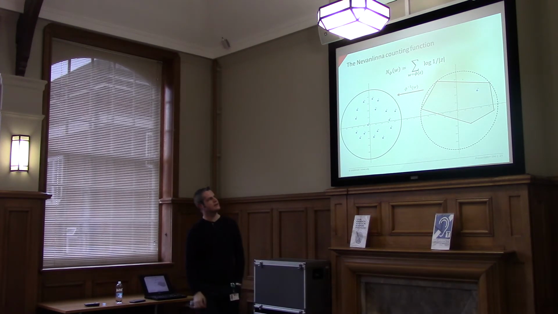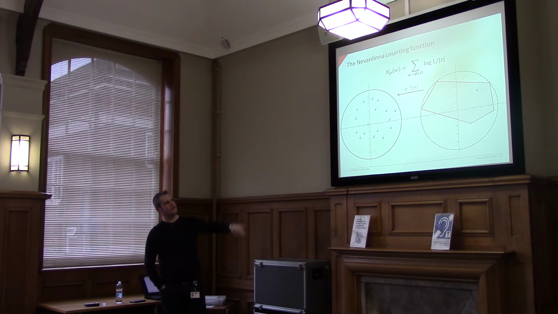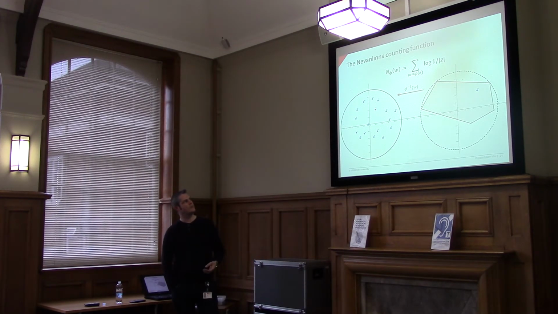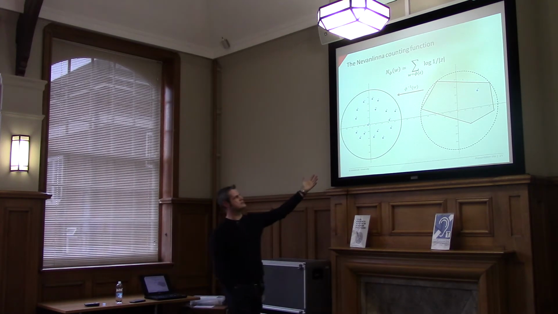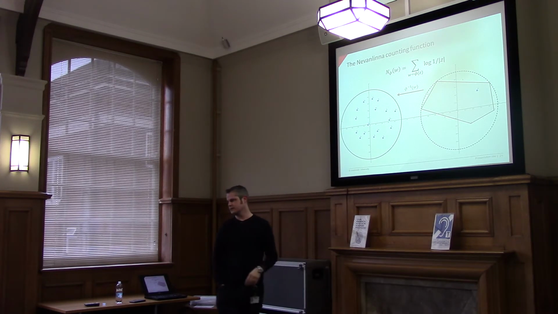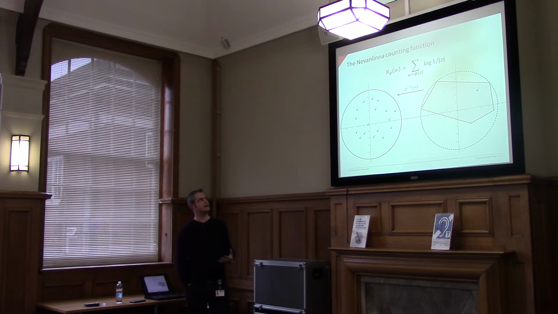Okay? What the Nevanlinna counting function does is, for every point in the image, it does a kind of weighted count of the possible pre-images. So all of these points here are mapped to this point w. And what the Nevanlinna counting function does is it kind of does a weighted average of those.